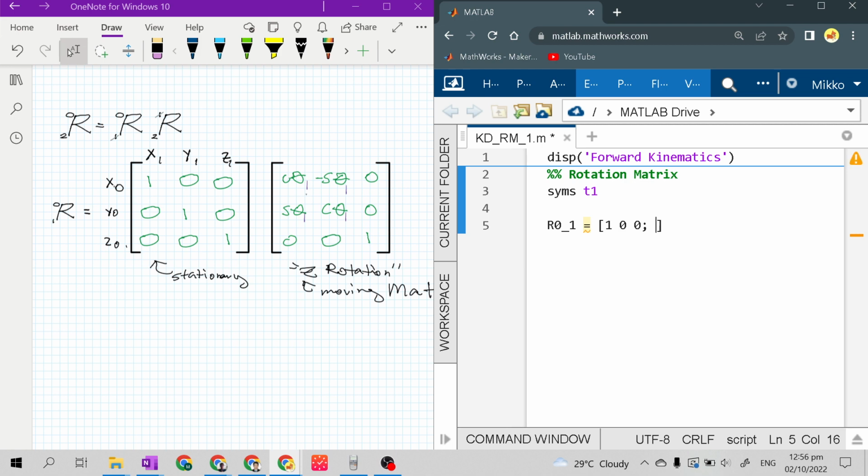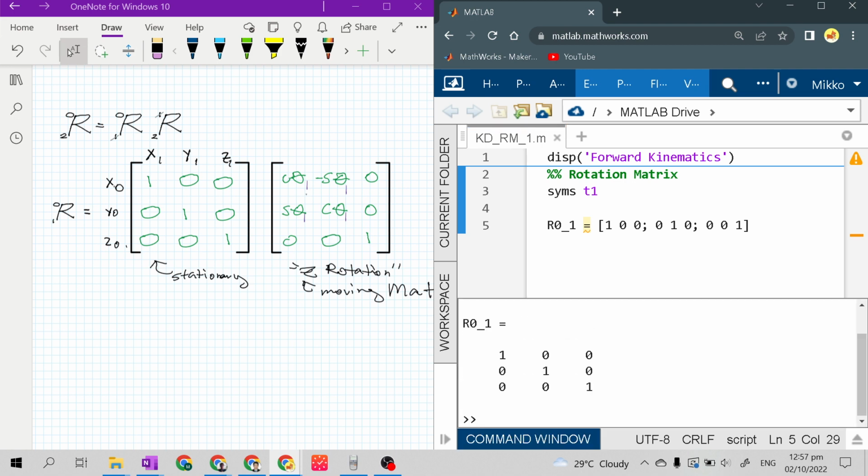Okay. Then you can now proceed to the second row. 0, space 1, 0, semicolon, then 0, 0, then 1. Okay. So this is already a matrix. If you run this, so F5, okay. So we have now an identity matrix, okay, or the R01 matrix.